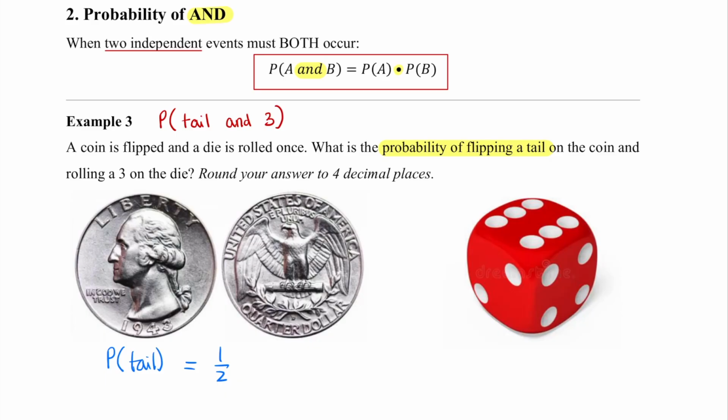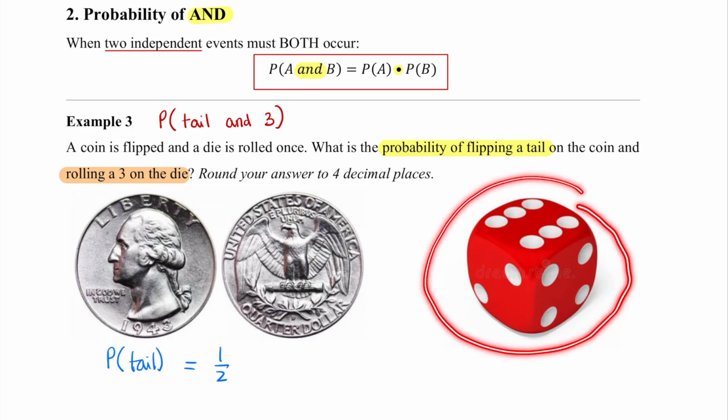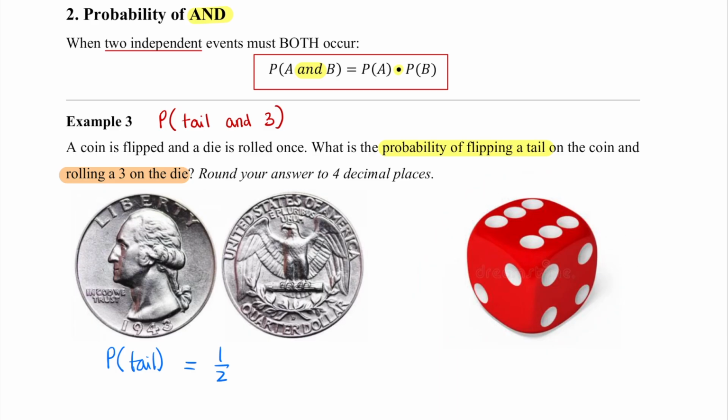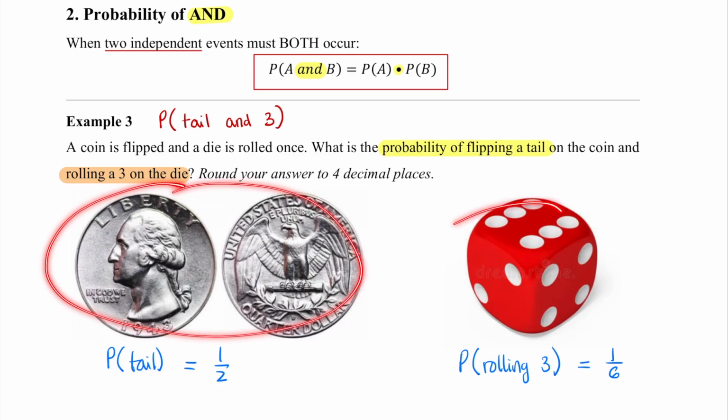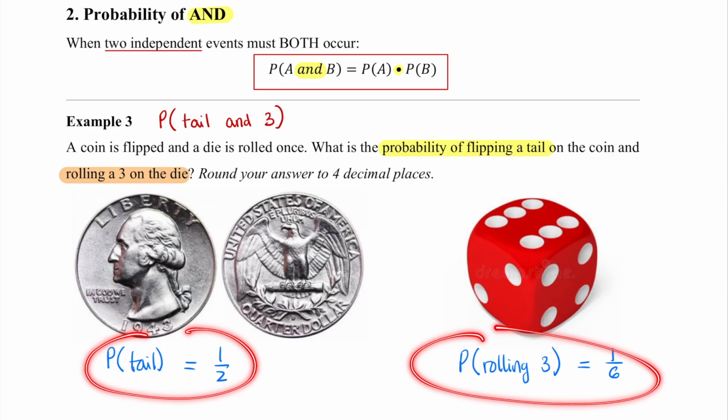Next, we want to find the probability of rolling a 3 on the die. A die has a total of 6 possible outcomes. So the probability of rolling a 3 is 1 out of 6. Since the two events are independent, we multiply them to get this probability.